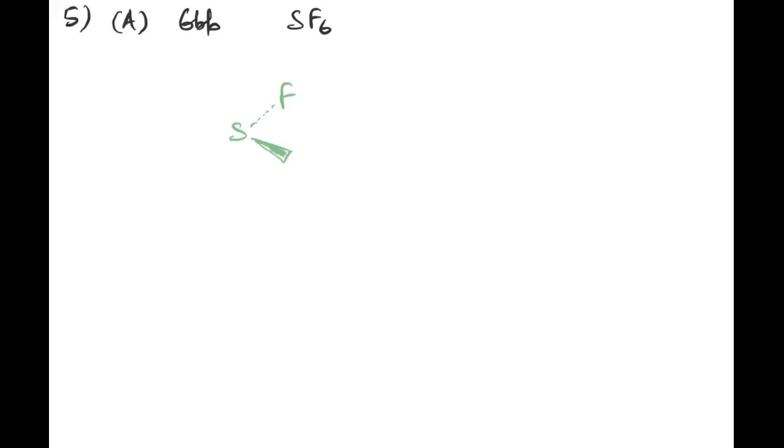Here you can imagine this fluorine coming outward, this fluorine coming outward, and this fluorine going inside the surface of the board. So the structure is going to be planar. One more fluorine is perpendicular to the surface of this plane, and this may be another fluorine going downward here.